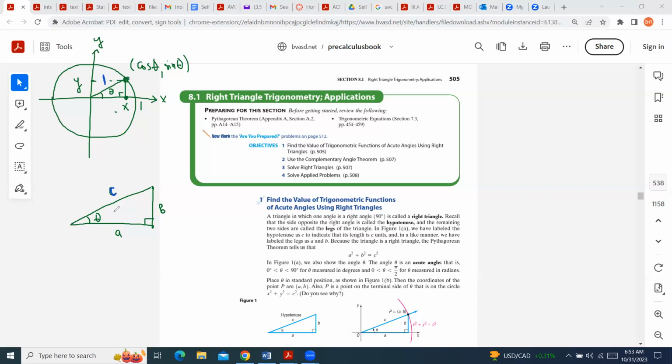It can be any number. The only thing that is the same will be angle theta and the other angle, 90 degrees. So the third angle in the triangle is also the same then. And when 3 angles are the same, we say triangles are similar triangles.